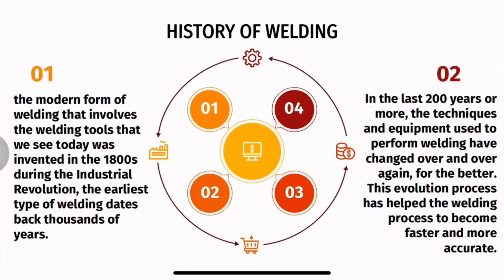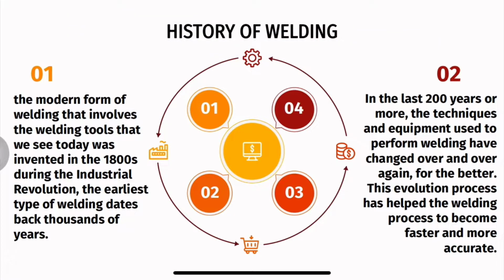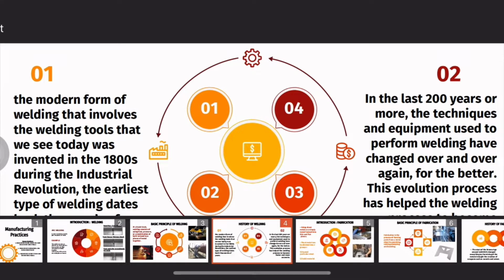The second one: in the last 200 years or more, the techniques and equipment used to perform welding have changed over and over again for the better. This evolution has helped the welding process to become faster and more accurate. Okay, that's all for welding. So we go to the next one.